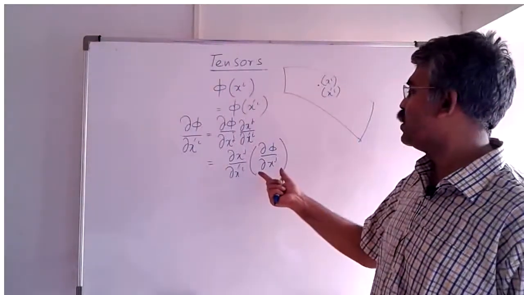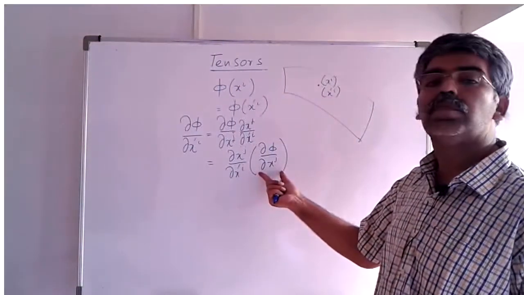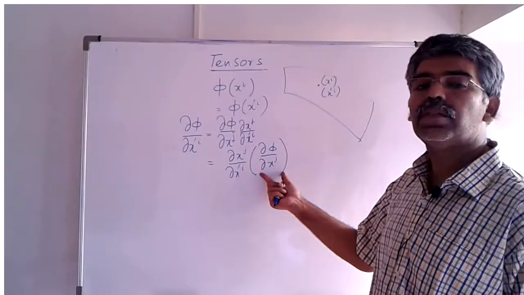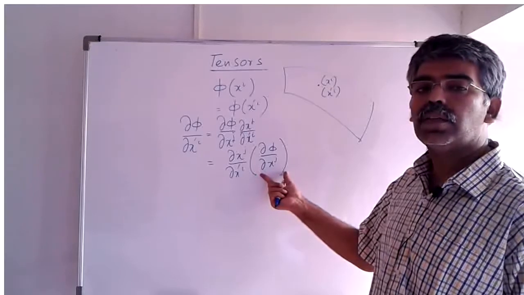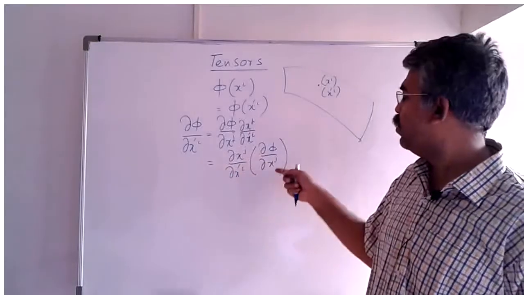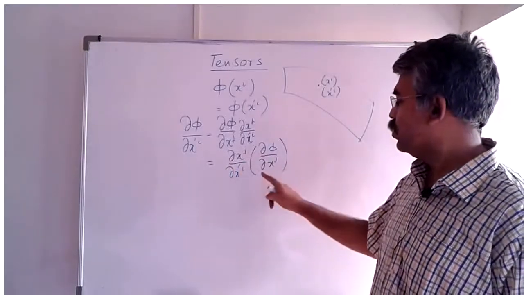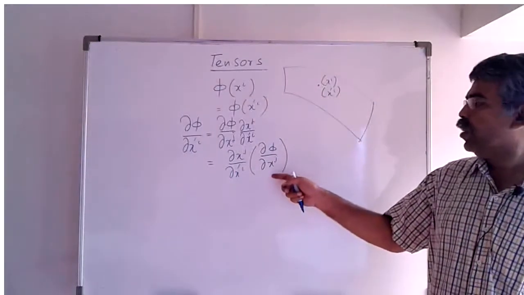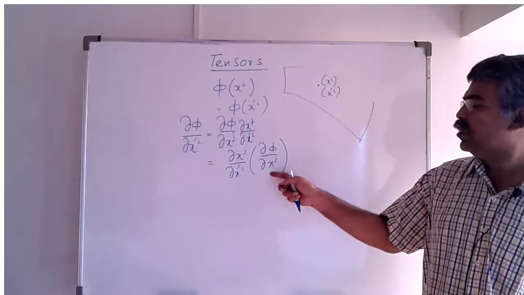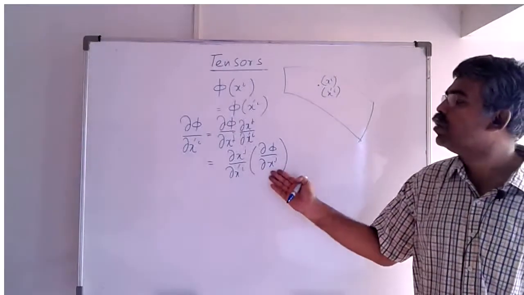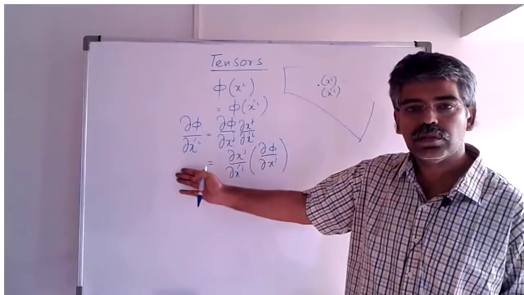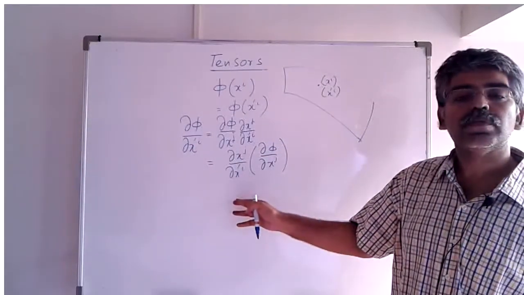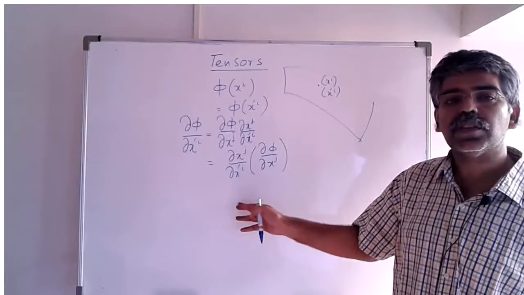Okay, now see, what is this? This is a field, right? It's a gradient of a scalar field. Gradient of a scalar field. Oh, this is a vector field. So a vector field transforms from one coordinate system to the other, and the rule of transformation is this.